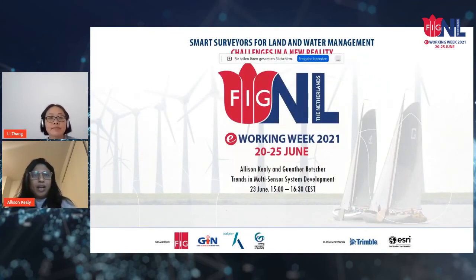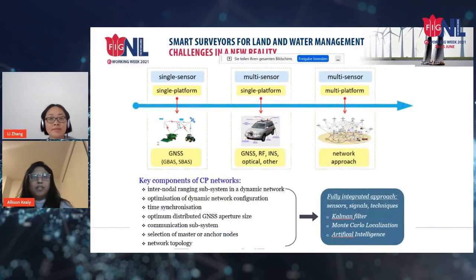Okay, so thanks, Lee. And following on from the last presentation, I guess what we're looking at in working group 5.5 is really where are the trends heading in sensor systems that can contribute to improving positioning performance. And when we look at positioning performance, we're looking beyond the concept of can we improve the accuracy.